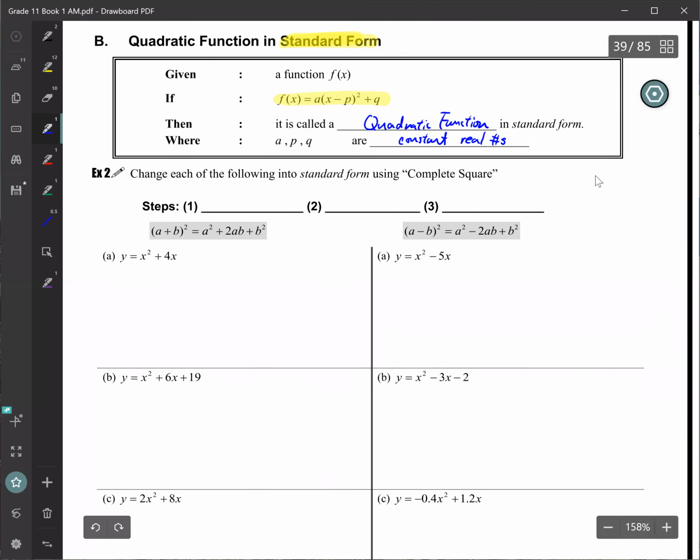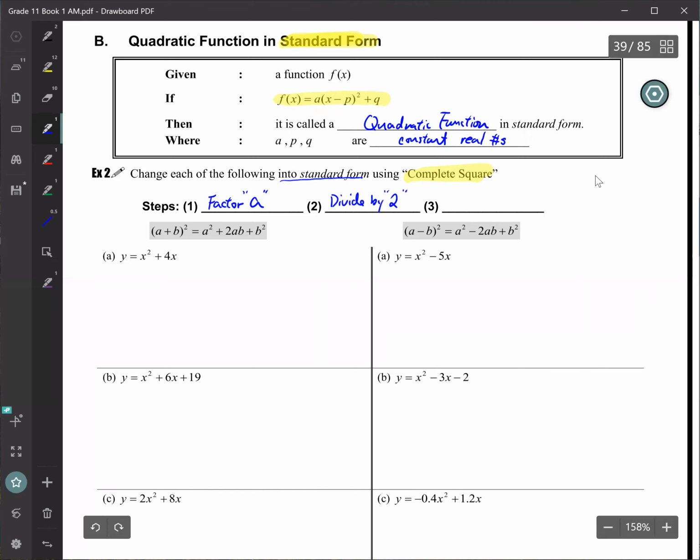Change each of the following into standard form using complete square. So these 3 steps together is called complete square. Step 1 is called factor A. A is the ABC I mentioned before, or APQ, the same A. Step 2 is divide by 2.